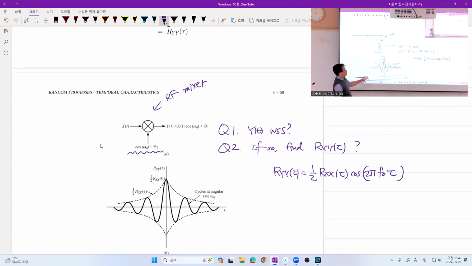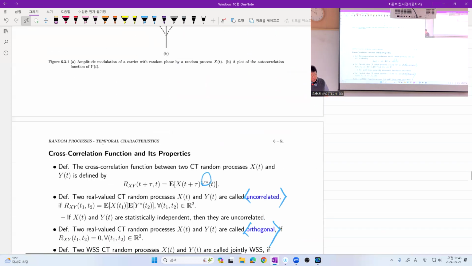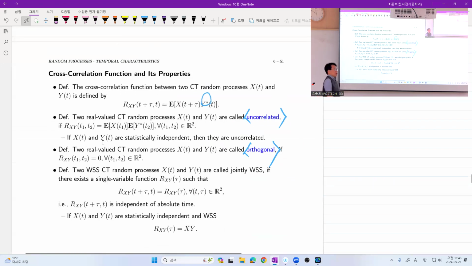And the autocorrelation function of this mixer output is simply the input autocorrelation times 1/2 cosine 2 pi f0 tau, or cosine omega 0 tau. Okay, so we've done enough. Actually, we are going back to the autocorrelation functions later after we study ergodicity. But anyway, let's move on to the cross-correlation functions of two random processes.